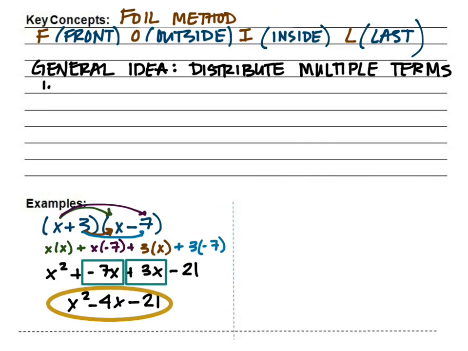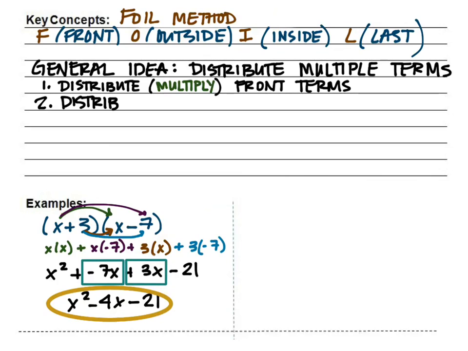So now we're at this point where, okay, how do I do this when I have more than one term I need to distribute? Specifically to a binomial, I'm going to start by distributing, which again is multiplication, the front terms. So I'm going to multiply the front terms together and then multiply, or rather distribute, the outside terms together.